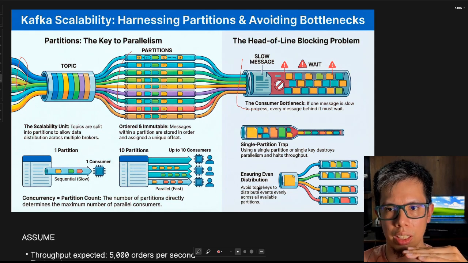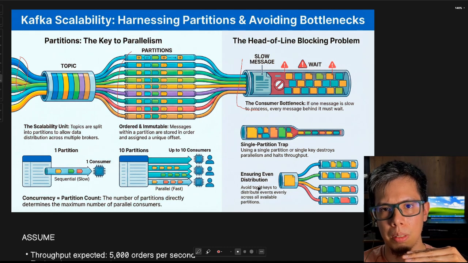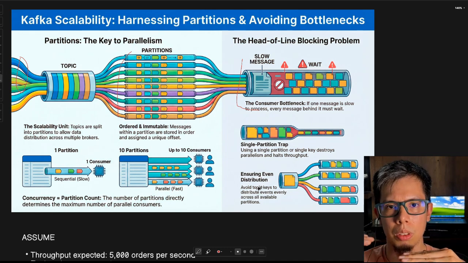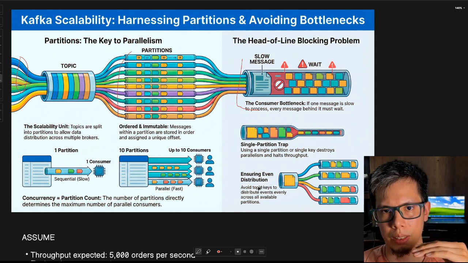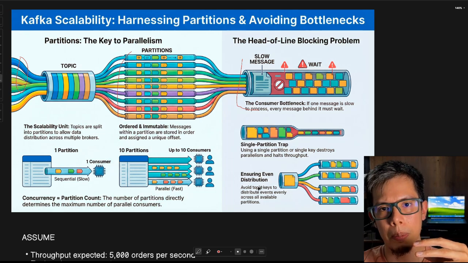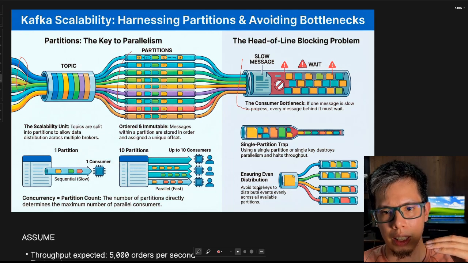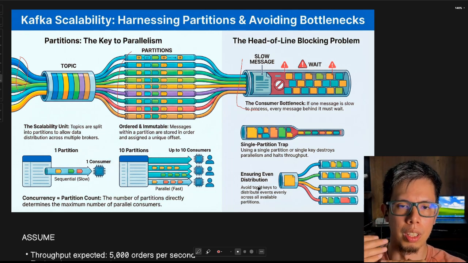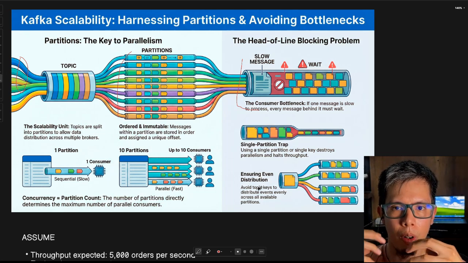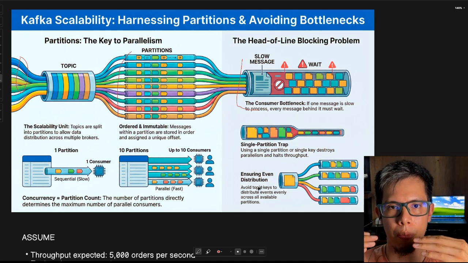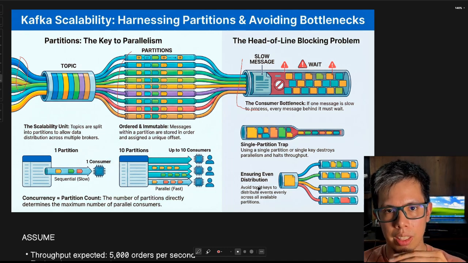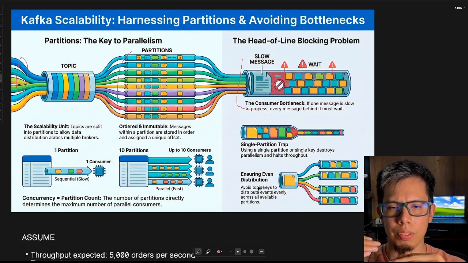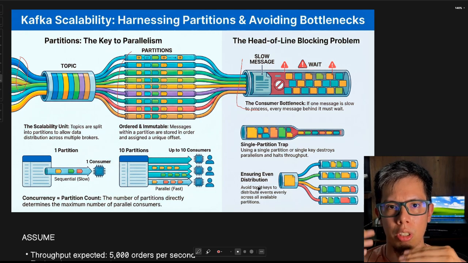So if there is a delay in the process time of this partition because this user's topics take time, it will act like head-of-line blocking, because they're not able to consume more topics before first processing the earlier topic that was created for this user ID.